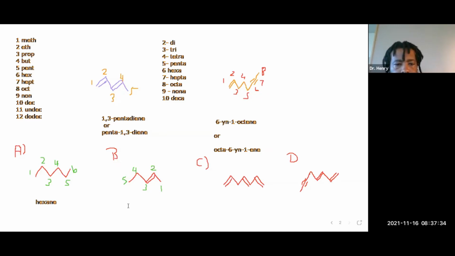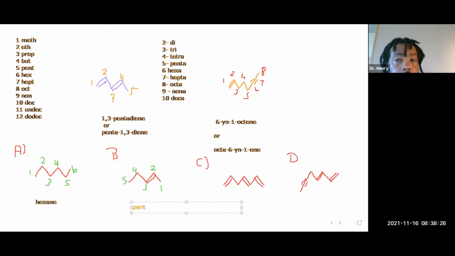It's a 5 carbon chain, so the prefix is going to be pent.